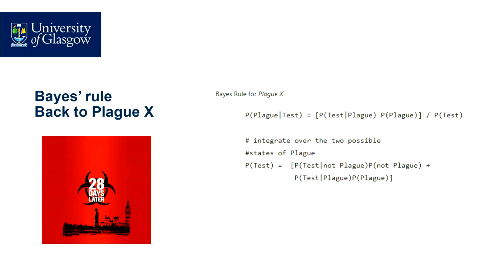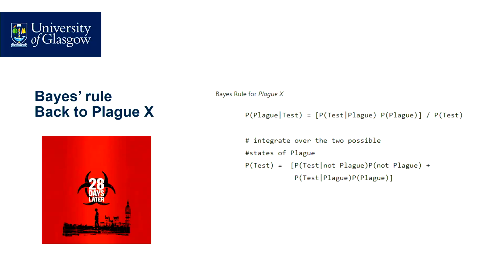So if we go back to plague X, we can take this Bayes' rule and apply it to plague X by saying that the probability of the plague given that the test result was positive is equal to the probability of getting a positive test if we have the plague, multiplied by the prior probability of having the plague, divided by the probability of having a positive test.